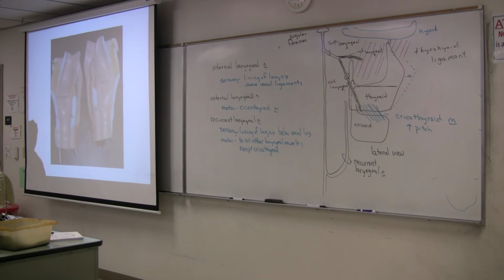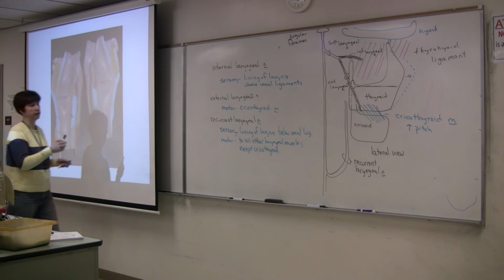So, posterior cricoarytenoids. And vocalis, which I haven't put up here yet, I forgot vocalis, are all going to be innervated by the recurrent laryngeal nerve.